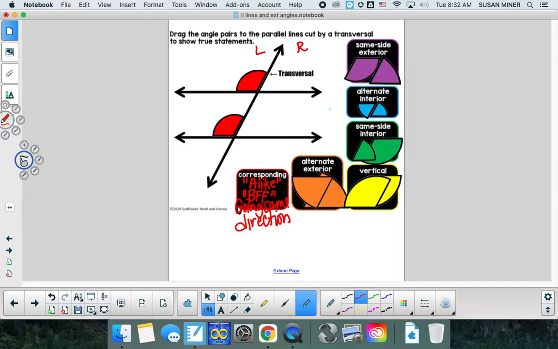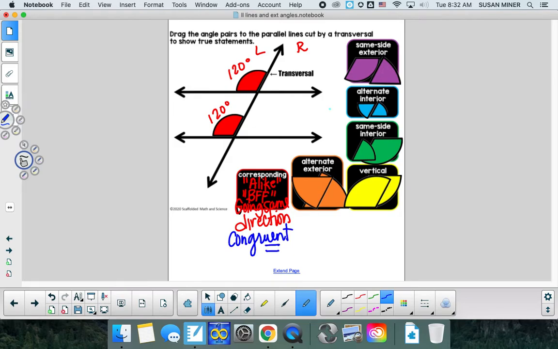So let's say this one was 120 degrees, right? Then the other corresponding angle, because they're essentially the same angle, is the same measurement. So these are congruent. They are equal to each other.